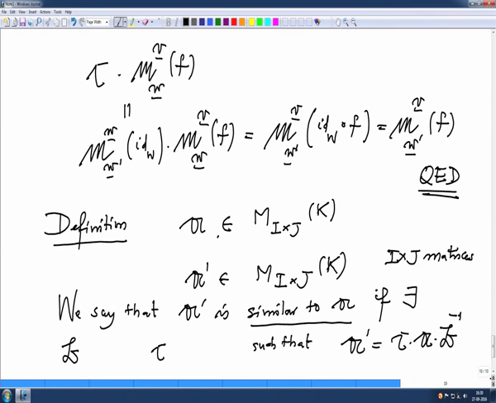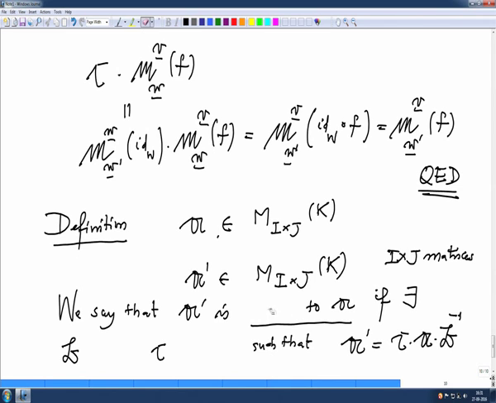Actually it is not good to use the word similar, but equivalent, let us say, because similarity will be reserved for square matrices. So let me just say equivalent.